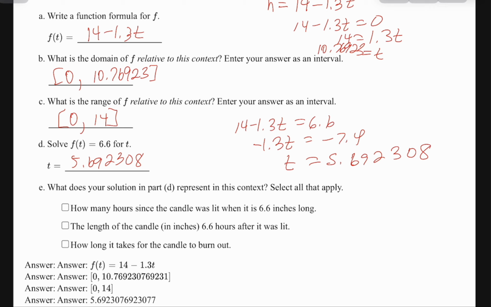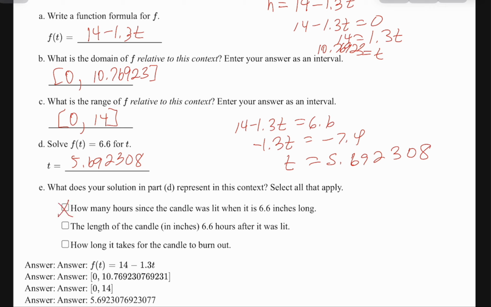So if we look at the question in E, for part D, what does it represent in this context? It is how many hours it is when the candle has burned for 5.69 hours, so the 6.6 was the particular height at that particular time.